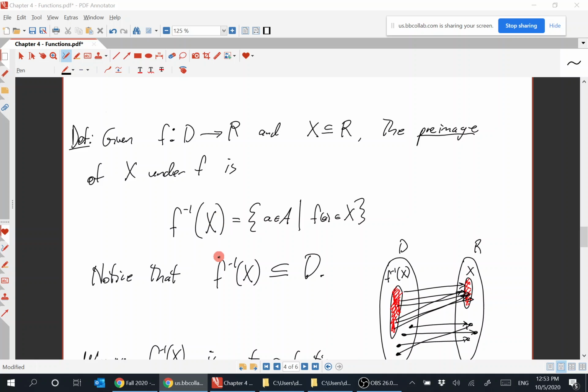So here's x. Oh boy. Let's just change these to A. The preimage of A under f is the set of all x in the domain such that f of x is in A. Oh, it was supposed to be domain.